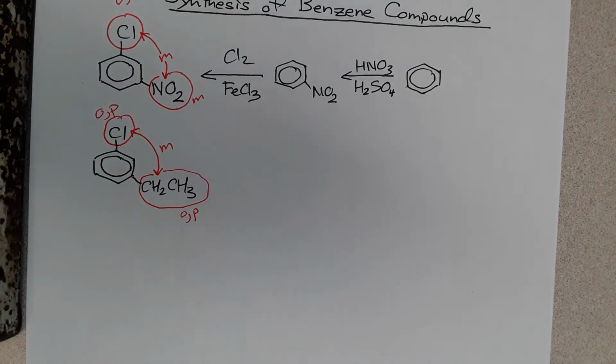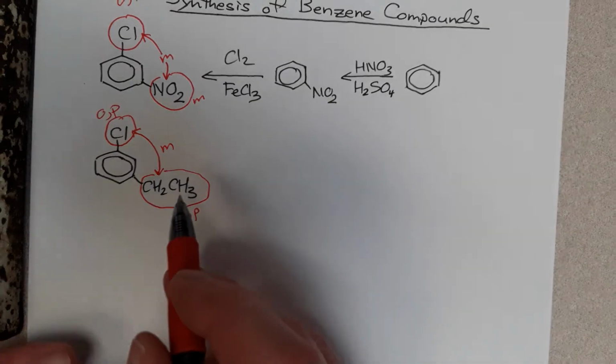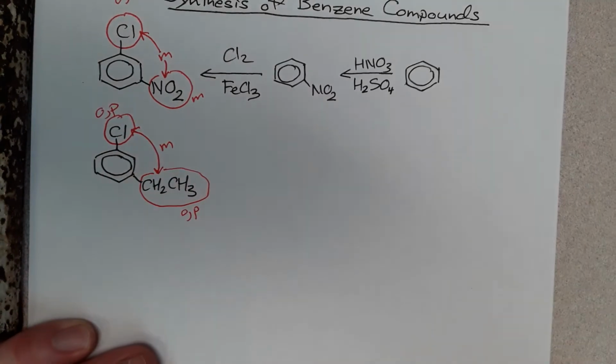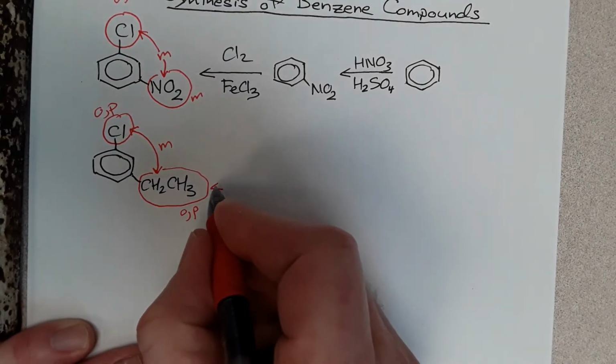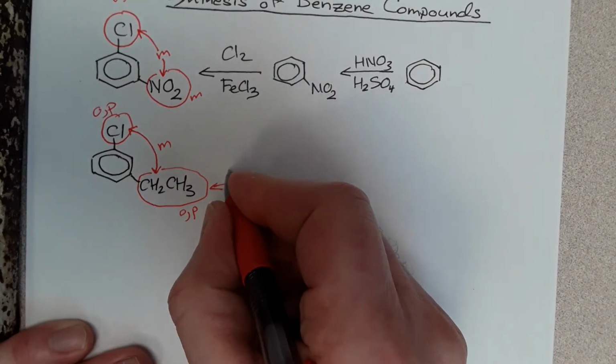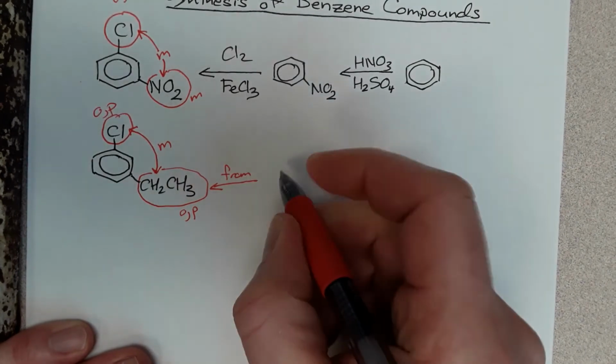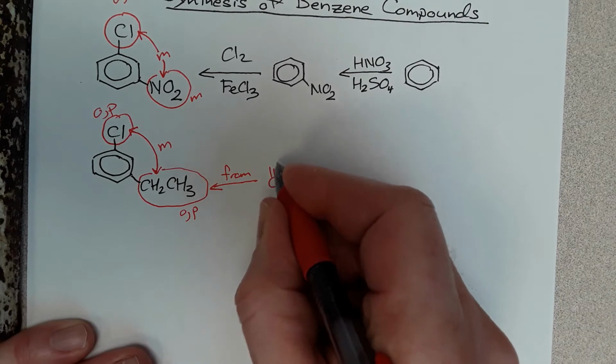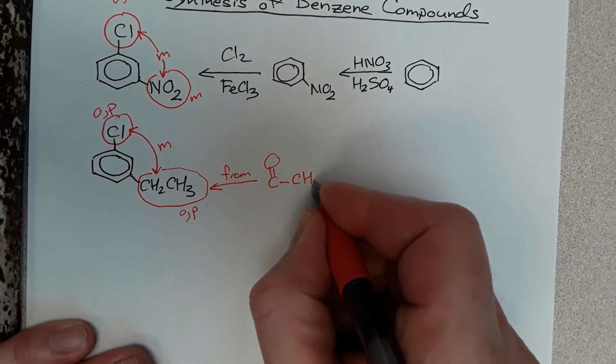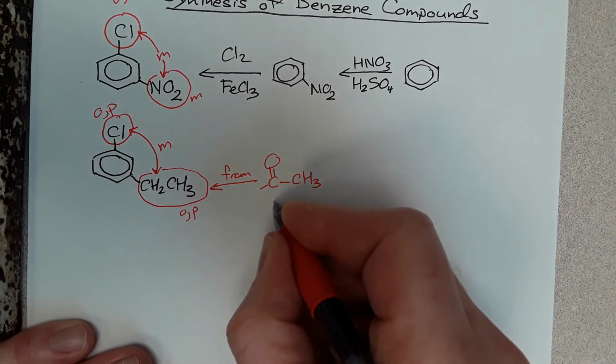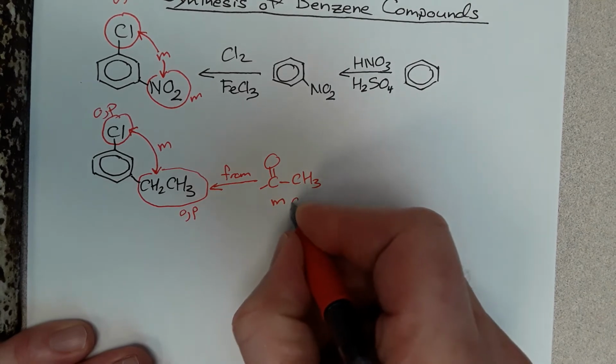Now think back to converting one functional group to another. We could make this alkyl group from an acyl group, which is a meta director.